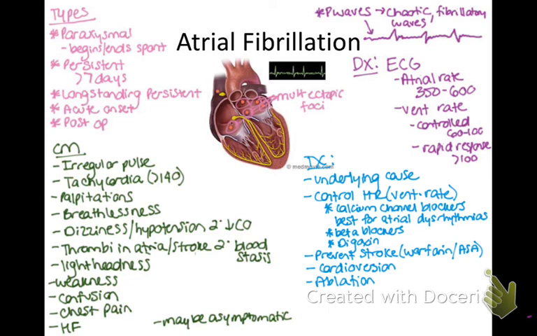Sometimes if they've been on meds and they've cardioverted them and they still can't get control, they'll go in there and they'll try to ablate at least a couple of spots so that it's not as bad. But it's not your typical first-line treatment. You do the other things first. It might fix a couple of the problems, but they're probably not going to ablate everything. The patient's probably going to stay on some kind of medicine to continue to control it.